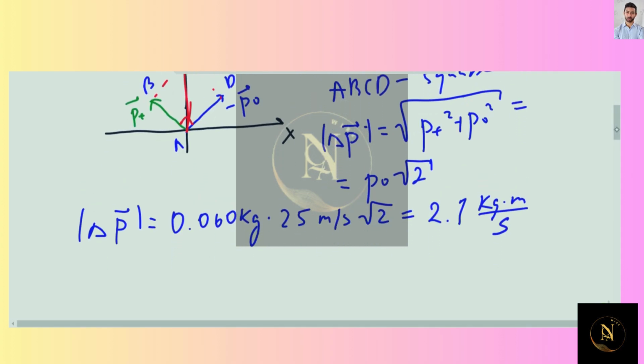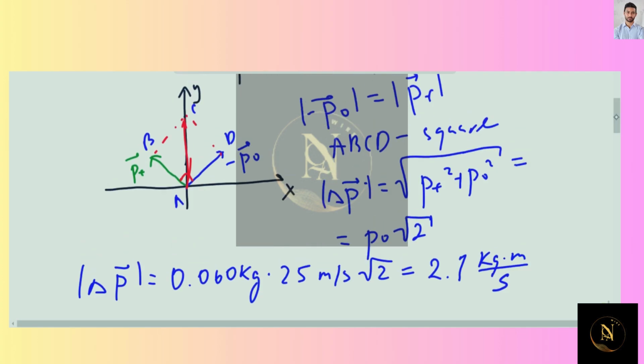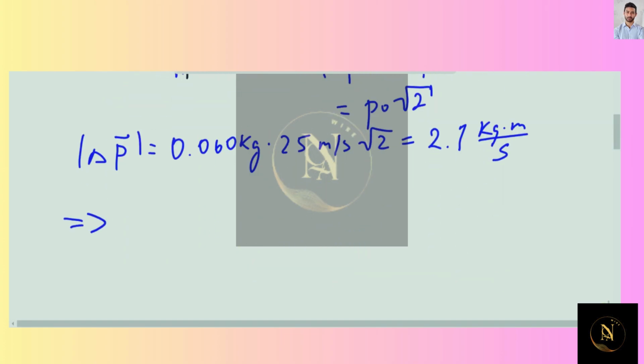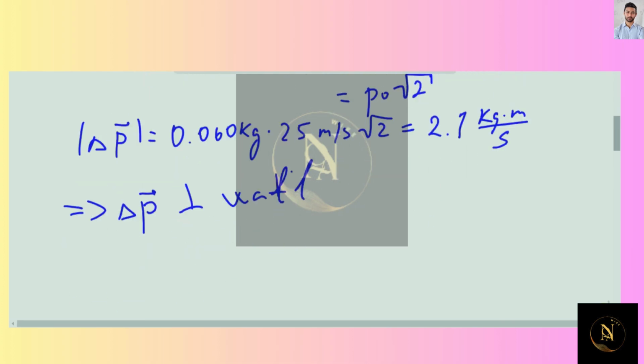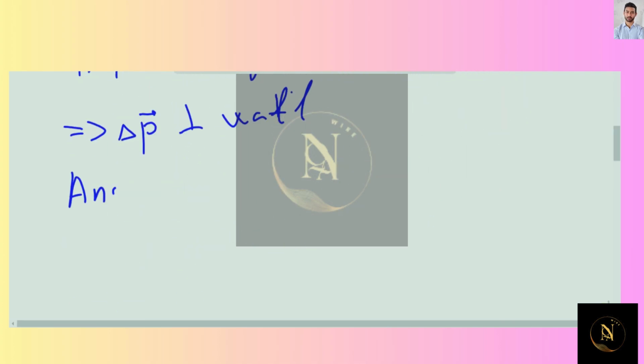Now we have to find the direction. Again, as we can see from the square, the direction is along the y-axis. So it means that delta P is perpendicular to the wall. So therefore, we can summarize our results.